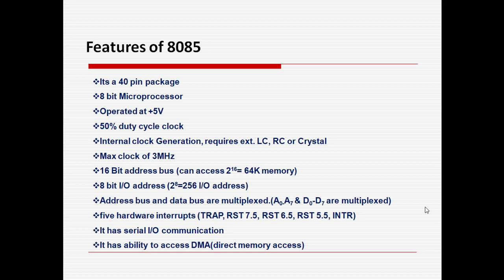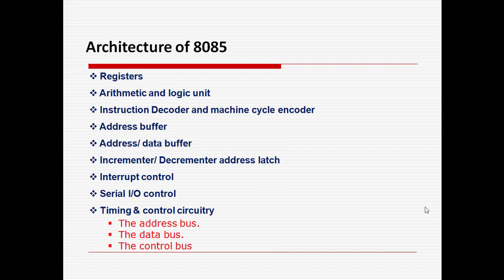Next we are going to see the block diagram architecture of the 8085. The block diagram architecture consists of different functional parts. Registers, I already told, means temporary memory. Then the arithmetical and logical unit is the brain of the microprocessor.